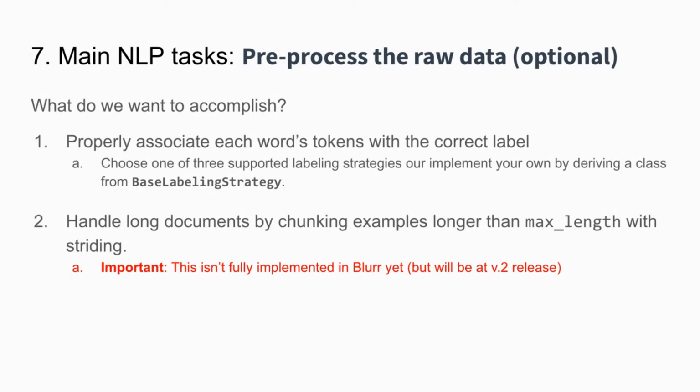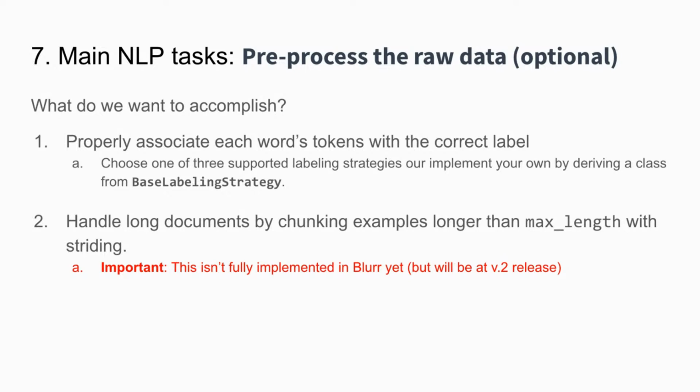As I mentioned last week, Blur supports 3 strategies, but you can go ahead and extend and create your own subclass of the base labeling strategy. By default, it's going to use the first token strategy, I believe. We'll look at that in a second, which basically says if a word is split up, for the purposes of calculating the loss and also the predicted token, we're going to look at the first token, regardless of whether one or many tokens represent that word. But you can go ahead and create your own.